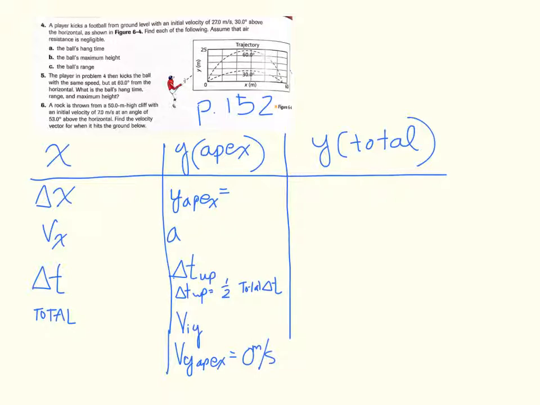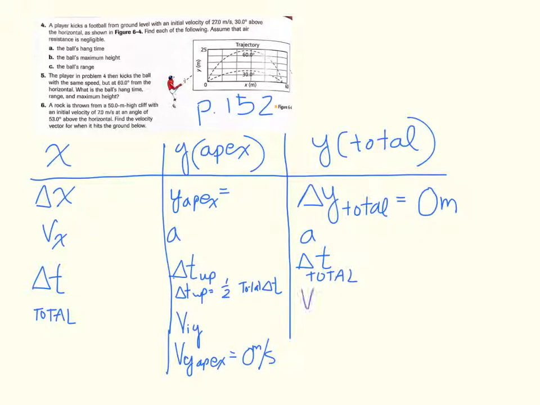And then in our last column, we have y total. So this is delta y total. And since the object is going up and then coming back down to the same height, that total change in position is 0 meters. Then I have acceleration, change in time, and this is total again.